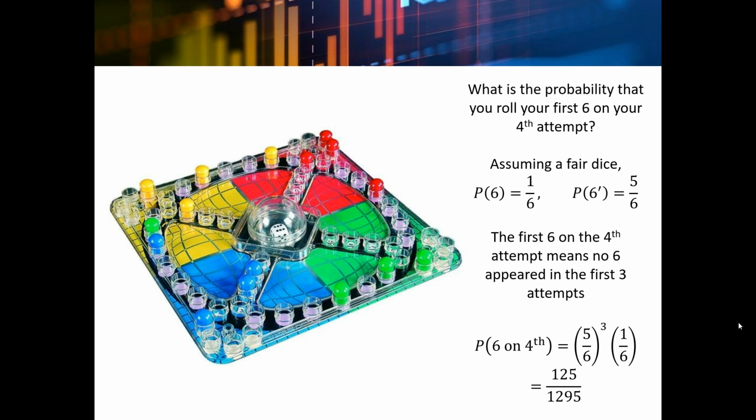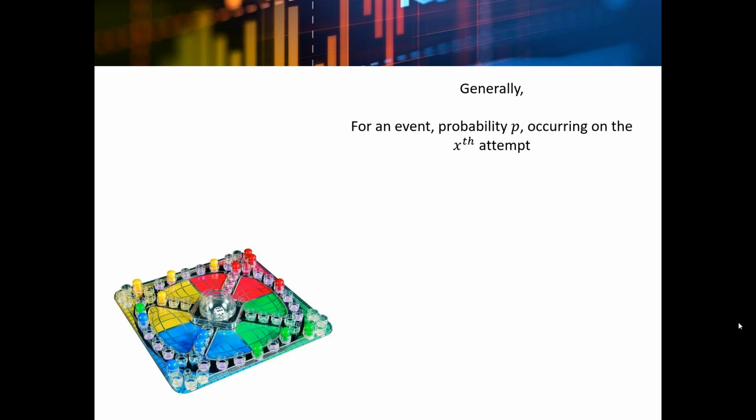So let's look to generalize this a little bit then. For an event with a particular probability, and that probability does have to be constant, we want to know what's the probability of it occurring on an unknown number, so that we can generalize as much as possible. So the x-th attempt. Well, that would mean that you have failed x minus 1 times, and then you have your probability of success.